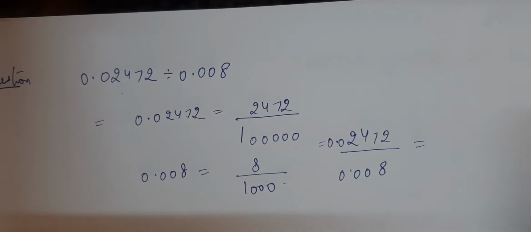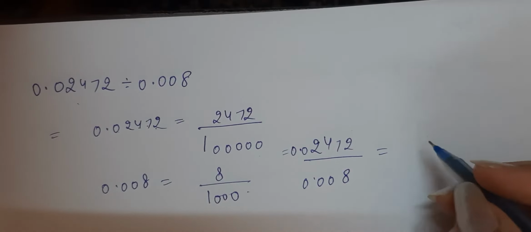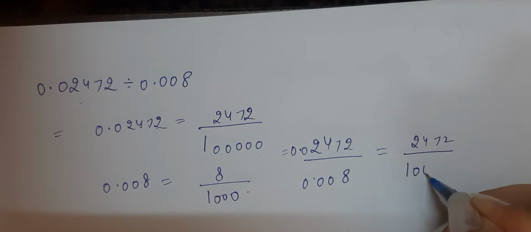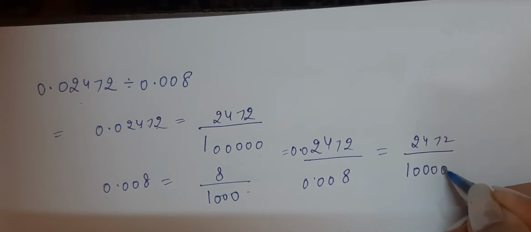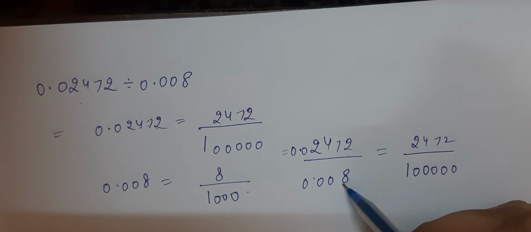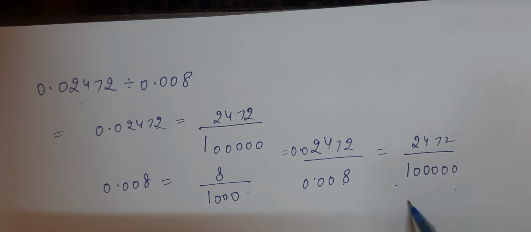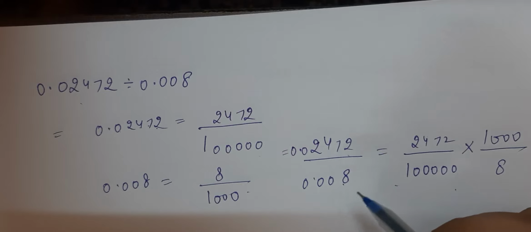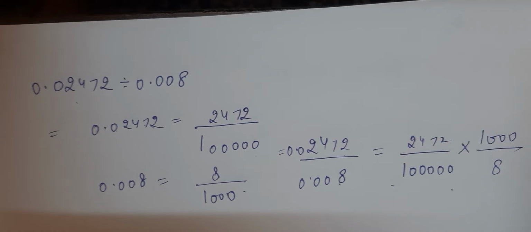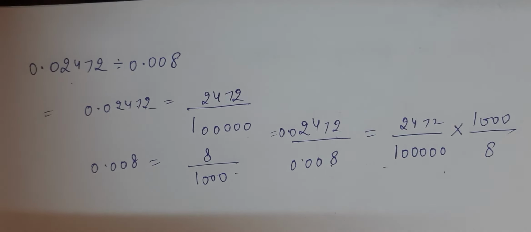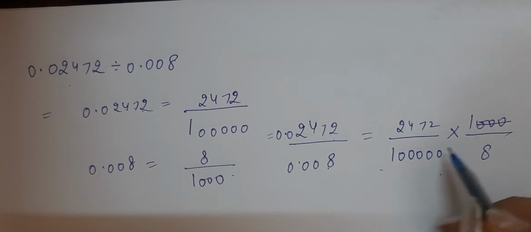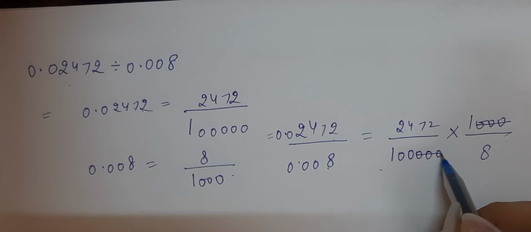Then in an elaborated form, 2472 upon 100000, as it is dividing, so I will take the reciprocal of the term and it will be 1000 upon 8. Now I can see that some terms are cancelling out. 3 zeros will cancel 3 zeros.